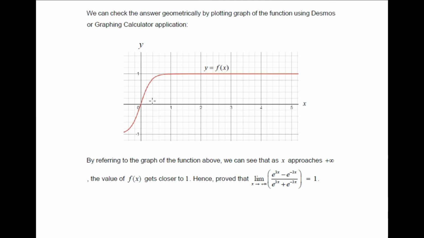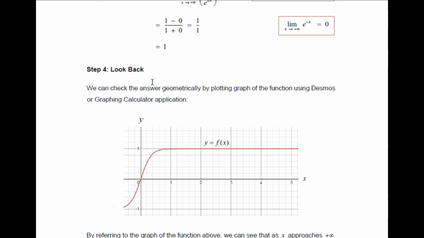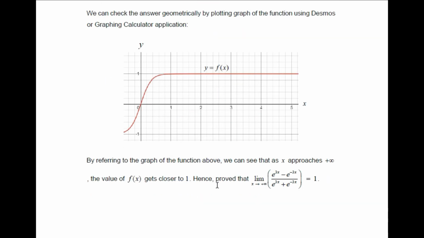By referring to this graph, we can see that as x approaches positive infinity, the value of f(x) gets closer to 1. So it is the same as the answer that we got just now. Hence, this proves that the limit of the function as x approaches positive infinity is equal to 1.